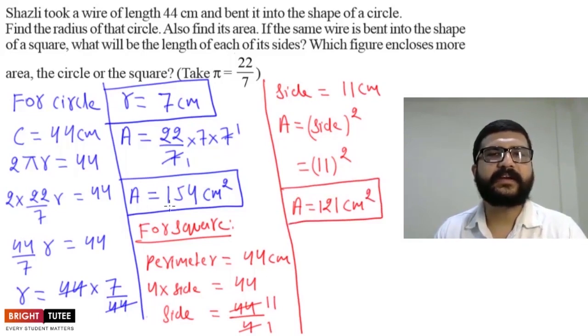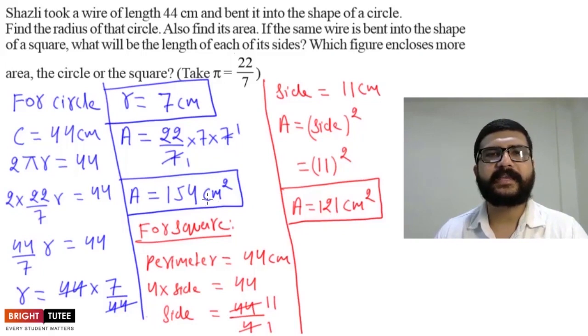And what was the area of circle? It was 154 square centimeters. So now the last part of the question is, which figure encloses more area, a circle or the square? So what do you think from here now? Area of circle is 154 square centimeters and area of square is 121 square centimeters. So as we know, 154 is greater than 121.